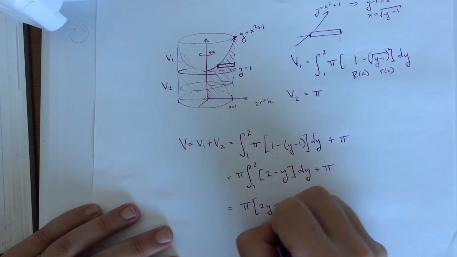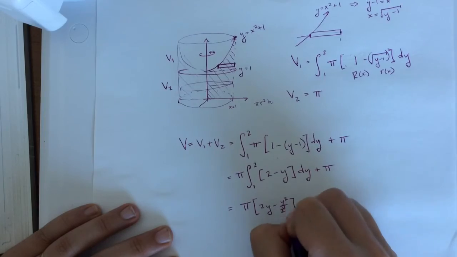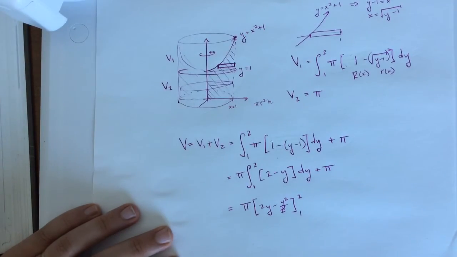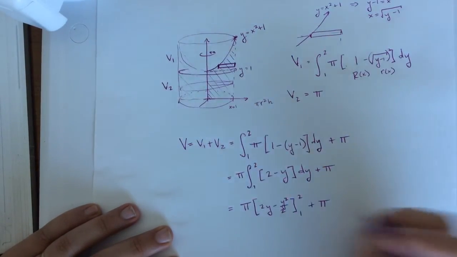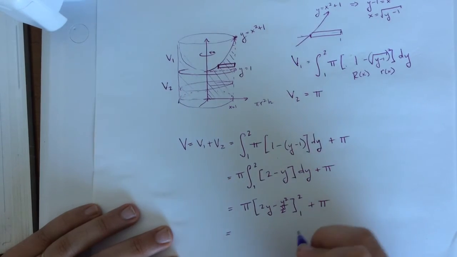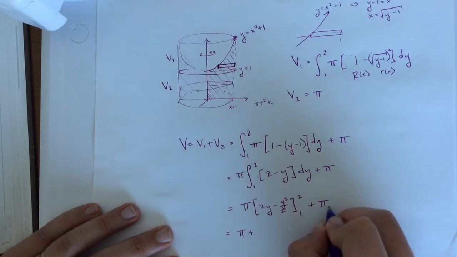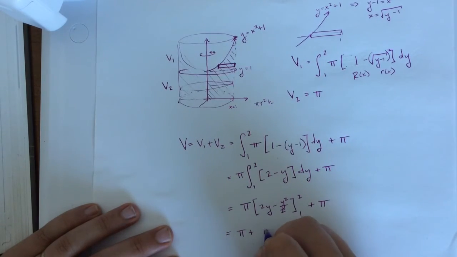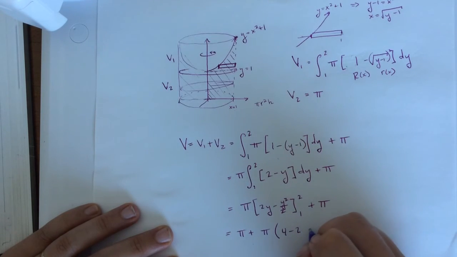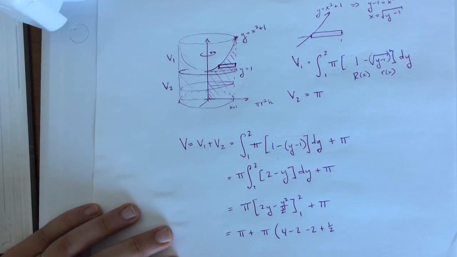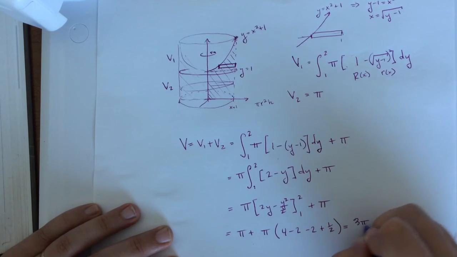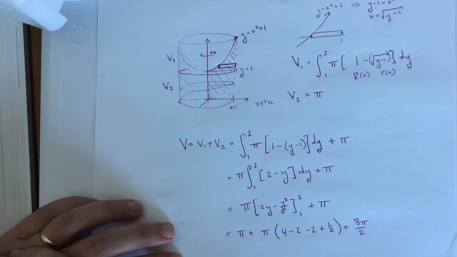So I get 2y minus y squared over 2 from 1 to 2, plus pi, which gives me pi plus, that's this pi, plus pi times 4 minus 2 minus 2 plus 1/2, which altogether simplifies to give me 3 pi over 2.